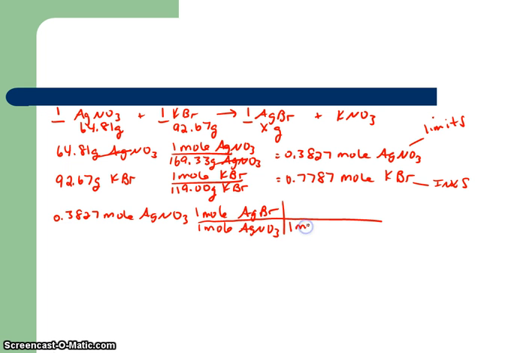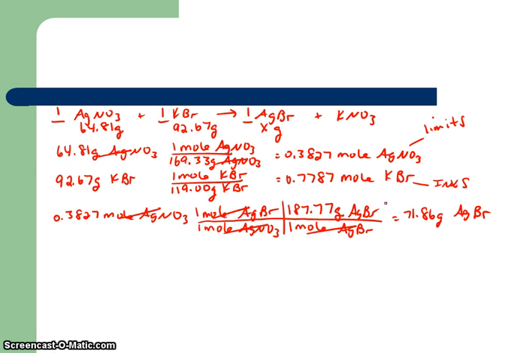So 1 mole of silver bromide equals our molar mass, 187.77 grams. Moles of silver nitrate cancel out. Moles of silver bromide cancel out. And we're going to get a theoretical yield of 71.86 grams of silver bromide. And I should label this, just so everything's labeled.